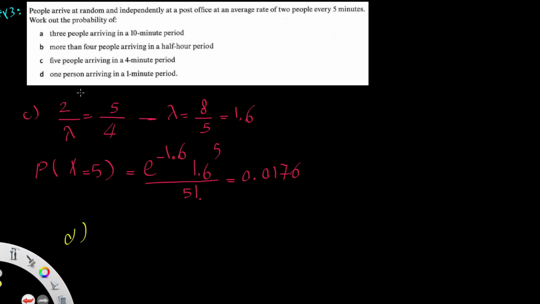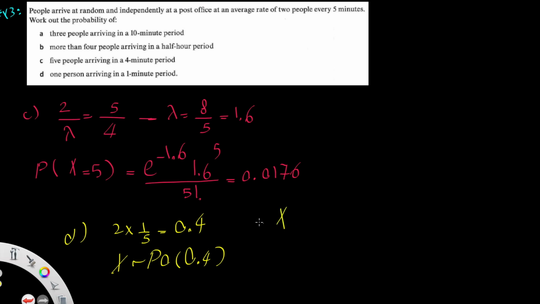And the last part, part D, one person arriving in a 1 minute period. 1 minute is 1/5 of 5 minutes. So your lambda will become 1/5 of what it was. Your lambda was 2, so 2 times 1 over 5 will be equal to 0.4. So your x has a Poisson distribution with 0.4 as the lambda.